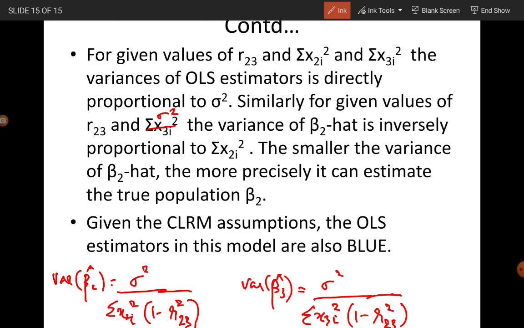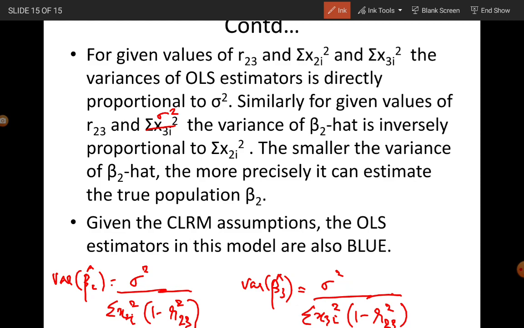Again, this is directly evident from the formula, because summation x2i square comes in the denominator of the variance formula. Similarly, summation x3i square is also in the denominator of the variance of beta 3 hat, right? And once again, the smaller the variance, the smaller the standard error, which means more precisely we are able to estimate the true population beta 2 or beta 3.